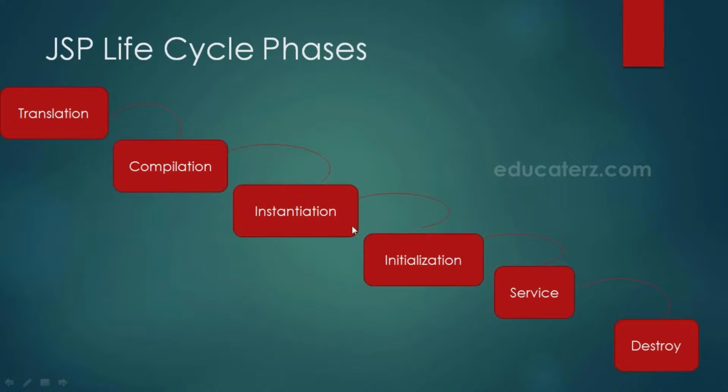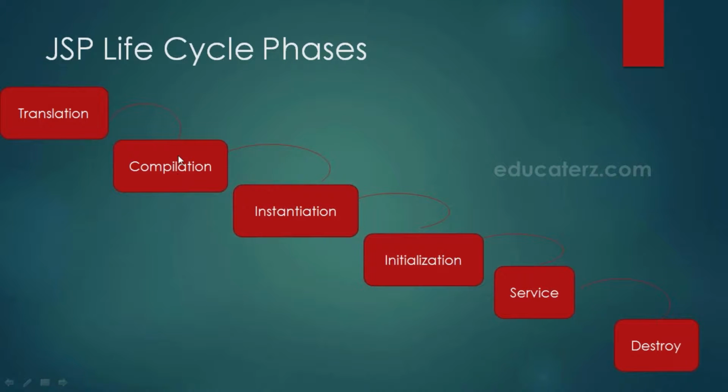These are the JSP life cycle phases: translation, compilation, instantiation, initialization, service, and destroy. In the translation phase, first of all, the JSP is converted into a servlet internally, and that servlet is compiled. It checks for syntactical errors and so on.